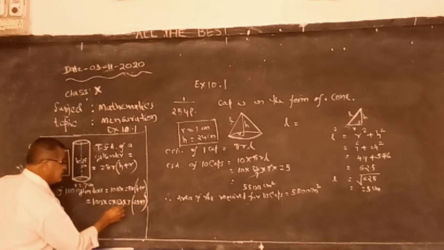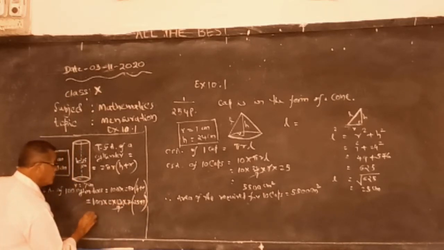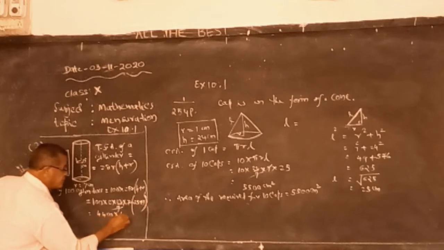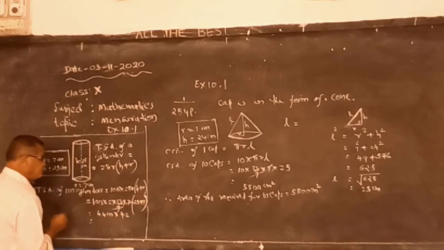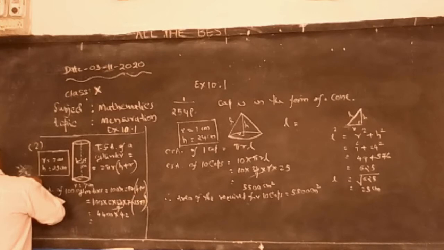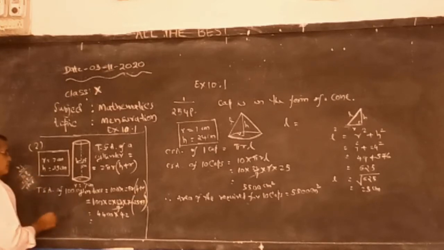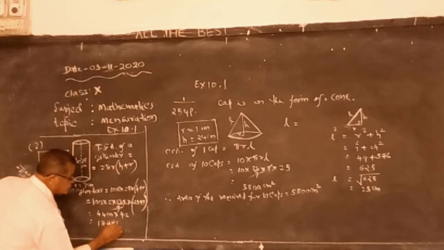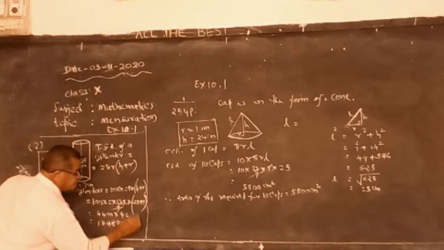Multiply, 7 7 cancel, 4400 into 42 multiply. 42 into 44, 4 to 8 60, 8 to 60, 4 8 1, 1848. 1848 with 2 zeros, cm square, like this.